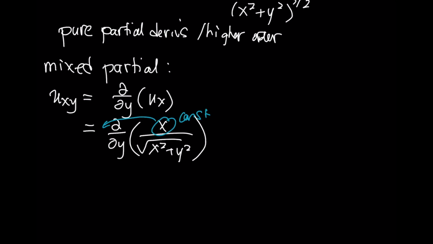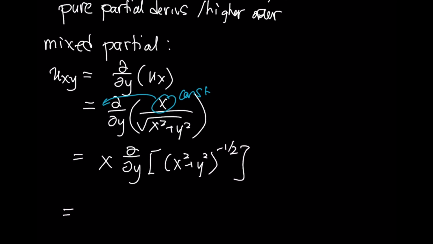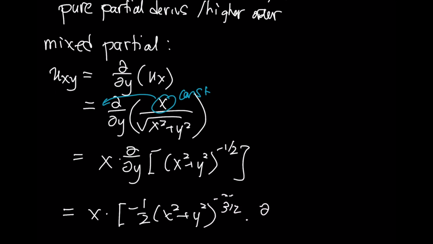And that means I can take it out right away, and I'll get x and the y partial derivative of x squared plus y squared to the negative 1/2. There's no more product rule. I can go straight to the chain rule, and I'll get x times negative 1/2 x squared plus y squared to the negative 3/2 times the y derivative of these terms on the inside.